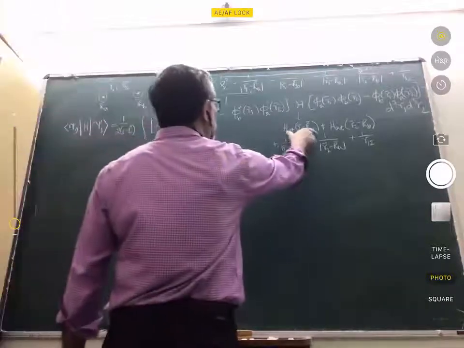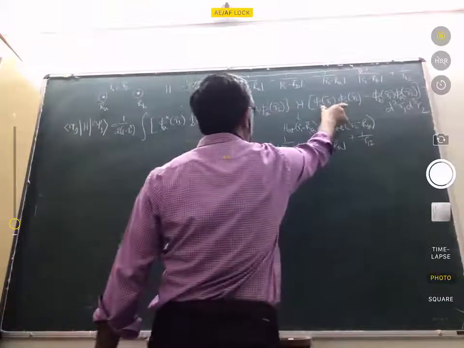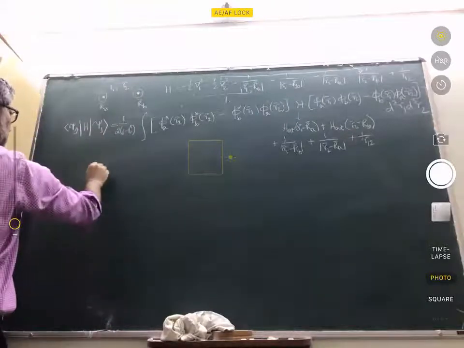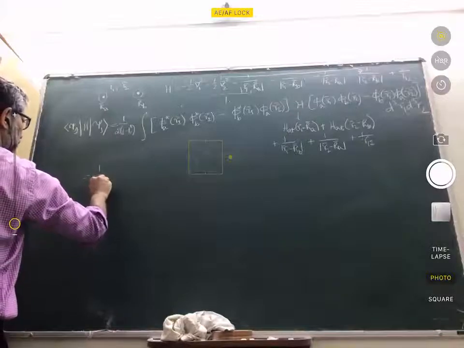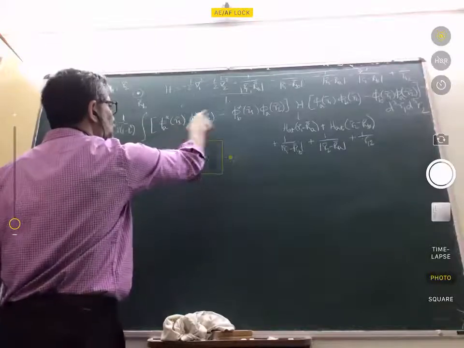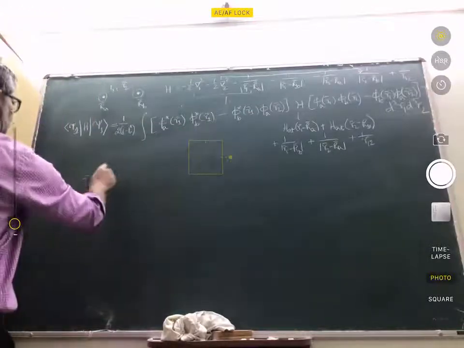Okay, so if I take this plus this, then the product of these two will just give me, apart from this factor, which is always there, two factors of the atomic energy. Okay.